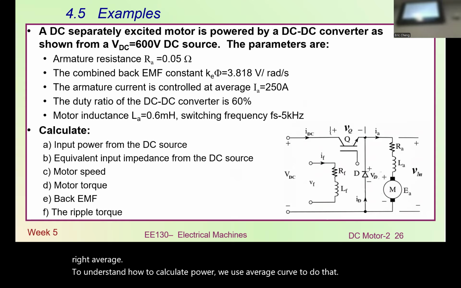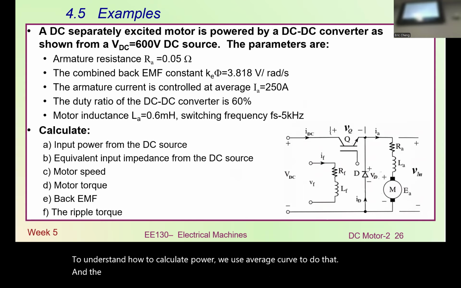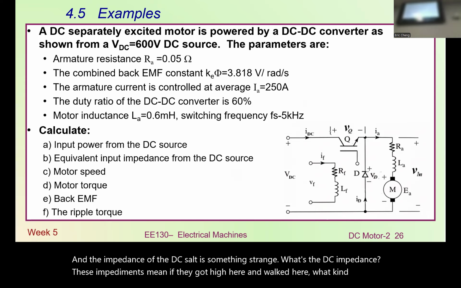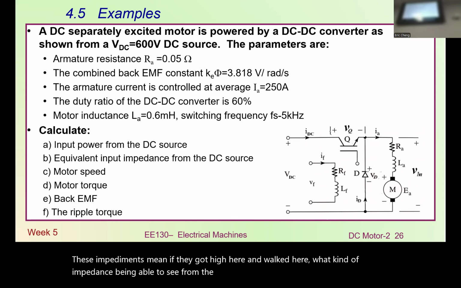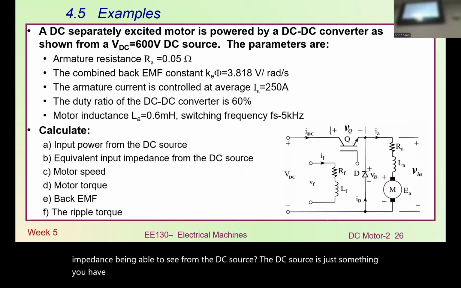And the impedance from the DC source, that's something strange. What's the DC impedance? DC impedance means if you put an eye here and watch from here, what kind of impedance are you able to see from the DC source. The DC source just supplies voltage, and then you check how much current. Usually measuring resistance is voltage divided by current.